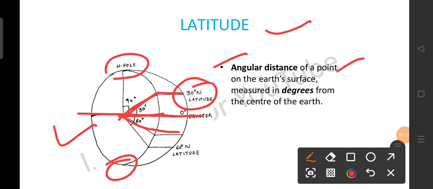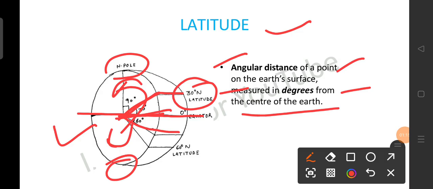of a point on Earth's surface measured in degrees from the center of the Earth. So on moving from the center we measure, either clockwise or anti-clockwise, the angle in angular form, and this angular form is measured in degrees.